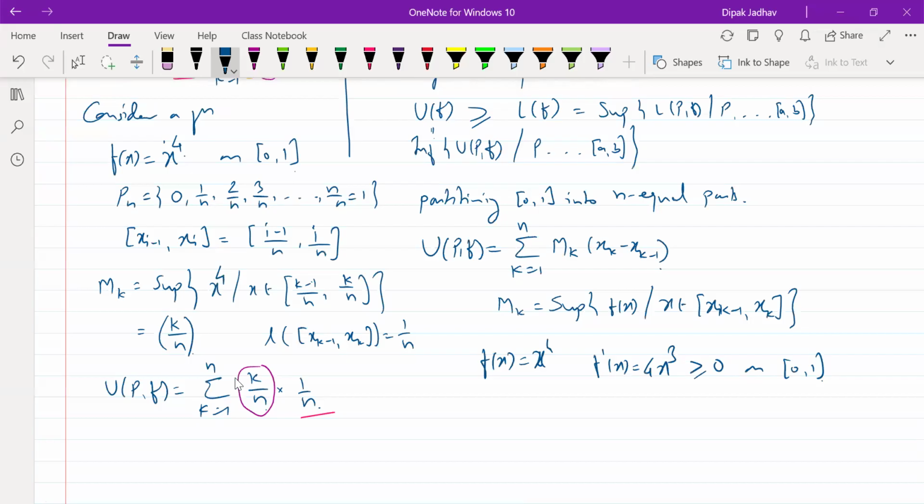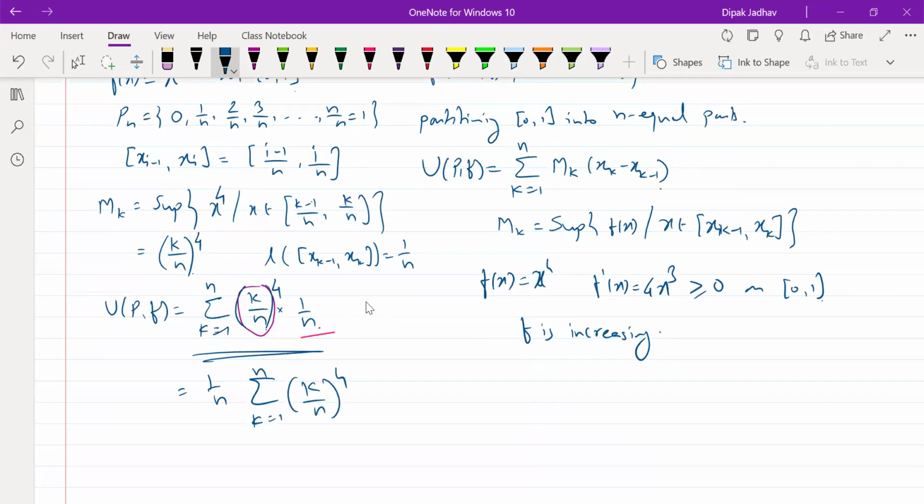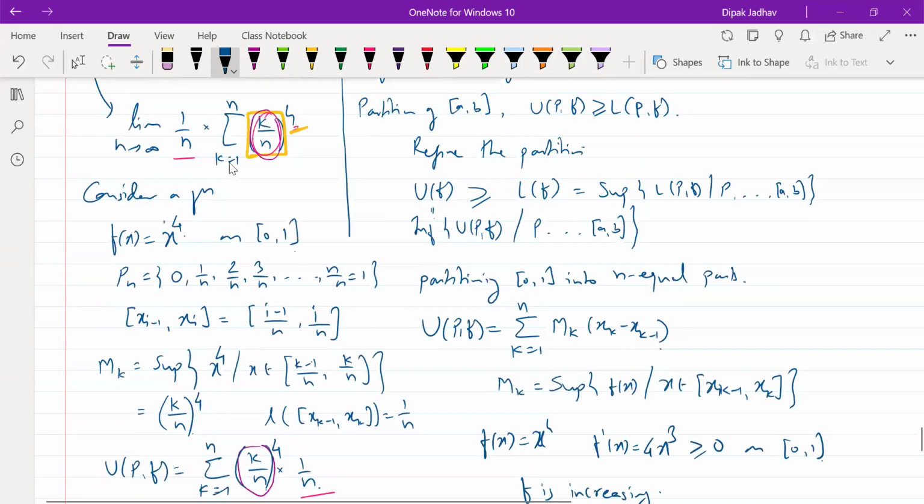What can I say about such a function? The function is increasing, so its supremum will be at the right endpoint. So the supremum will be k by n raised to 4. Now if I take this function, then I get the upper sum looking like this: 1 by n summation k from 1 to n of k by n raised to 4, which is exactly equal to this limit. Did you see that?